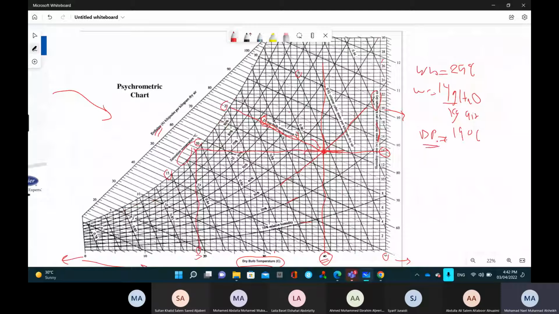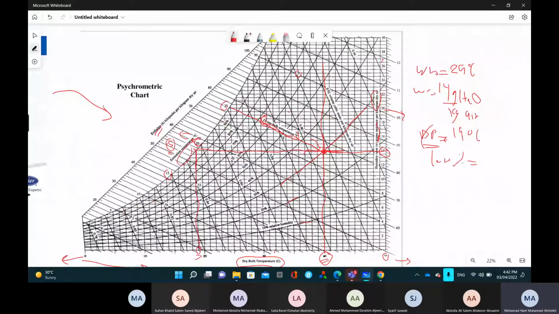Now what does the dew point mean? On this line, the saturation temperature, it means that our air holds 100% of the water it can, so it cannot carry any more water. So if we go beyond this temperature, like here we found that it's 19, but if we have an object at 15, it is below the dew point, so the water particles will start to condense.